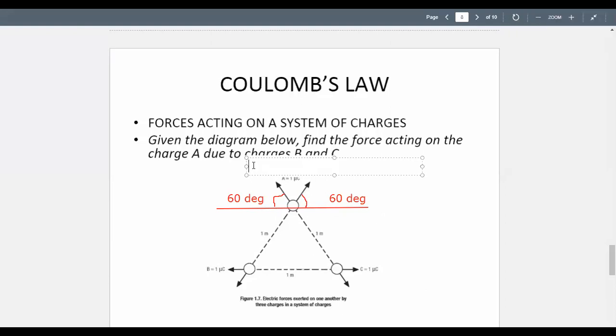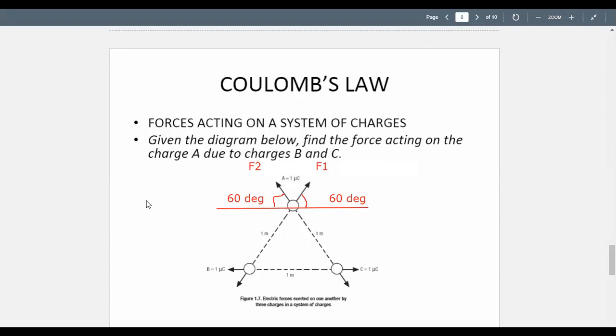There's a force here we can call F2. And on the far end, the other pointing line could be called F sub 1. So our forces are responsible. They are repulsion because they are both positive charges.